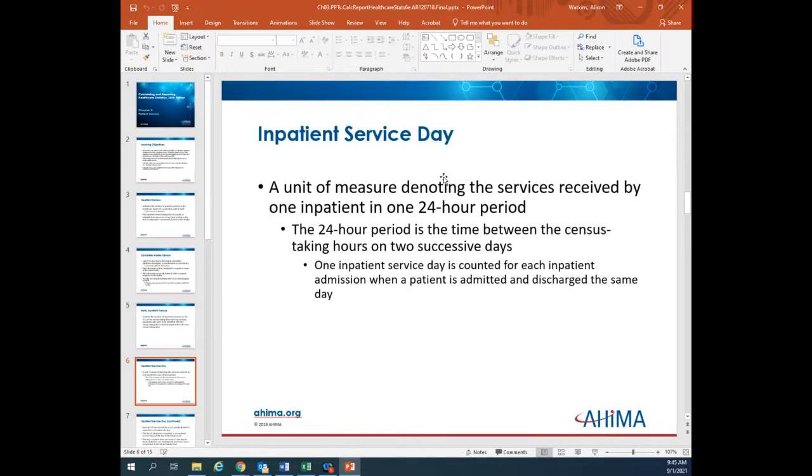So now we're talking about the services that we are providing to our patients. So be careful about, okay, are we calculating inpatient census, or are we calculating inpatient service day? Now, when we talk about the inpatient service day, we're talking about, and this is the key word, services. Okay, so be careful about that.